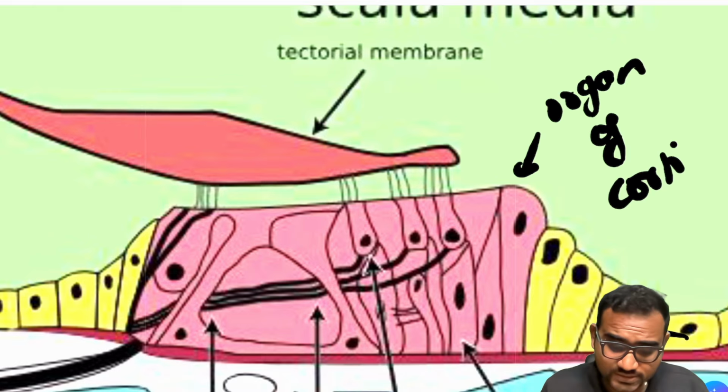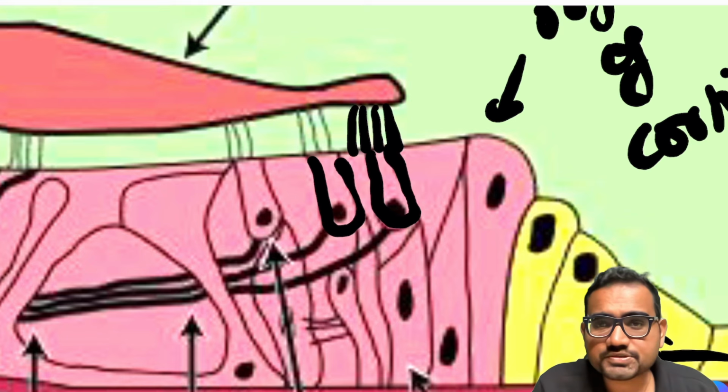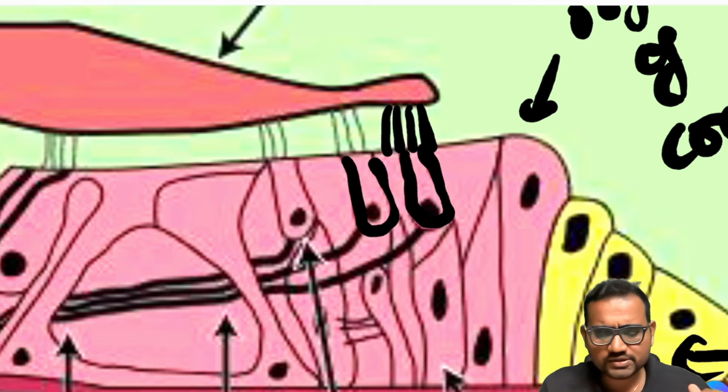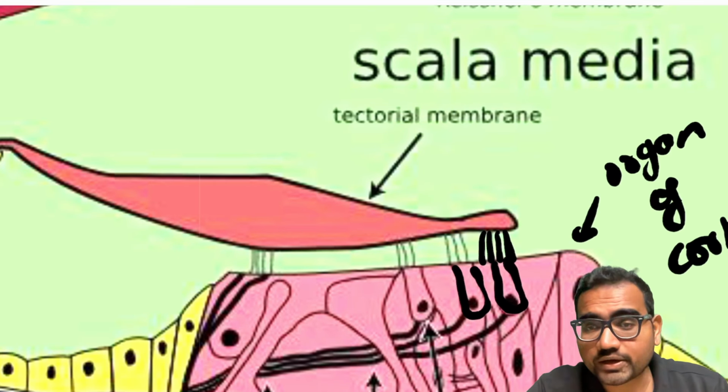Once it reaches here, you see thin hair-like structures extending from the organ of Corti into some other structure. These are called hair cells.